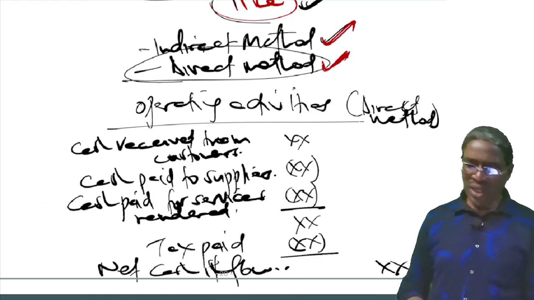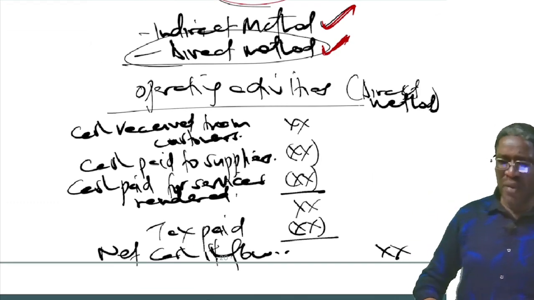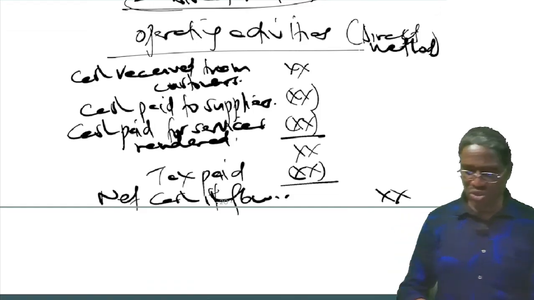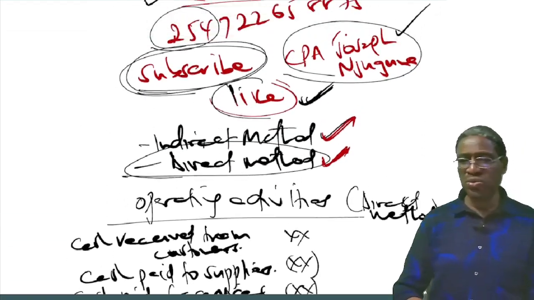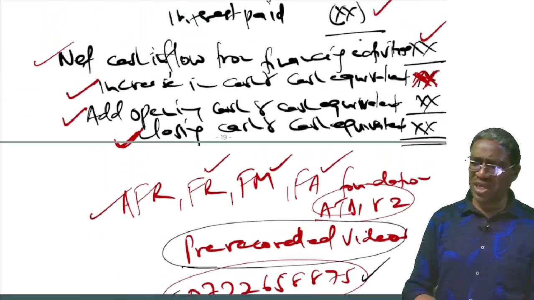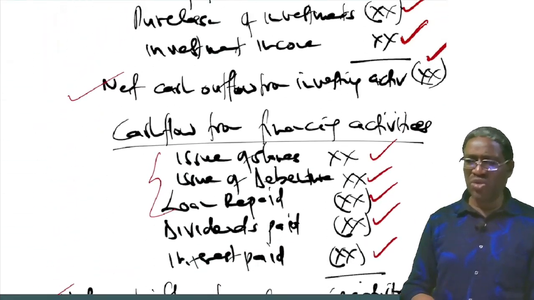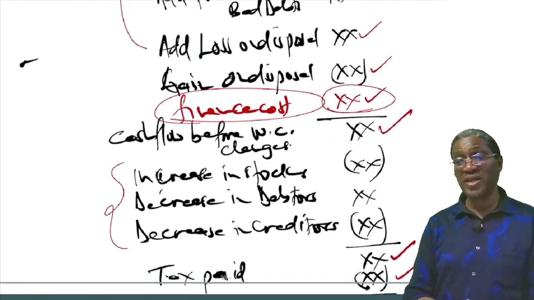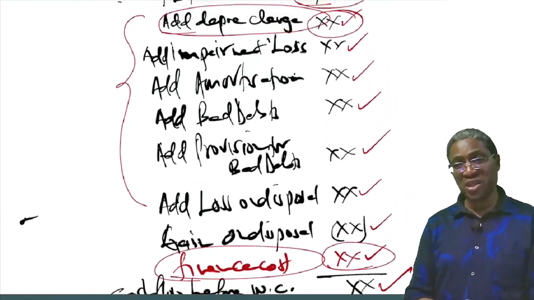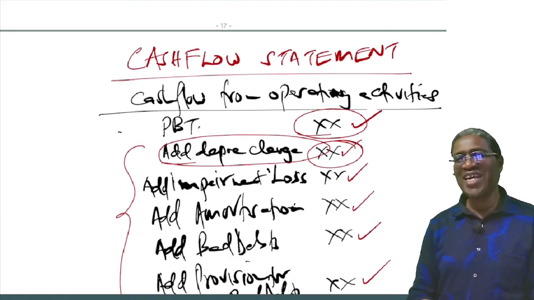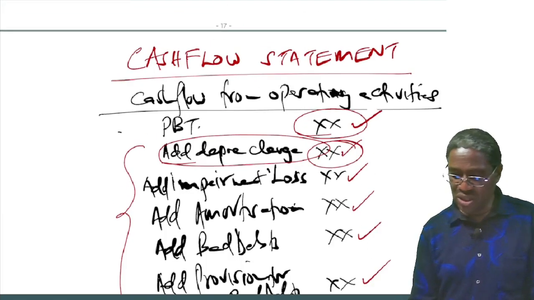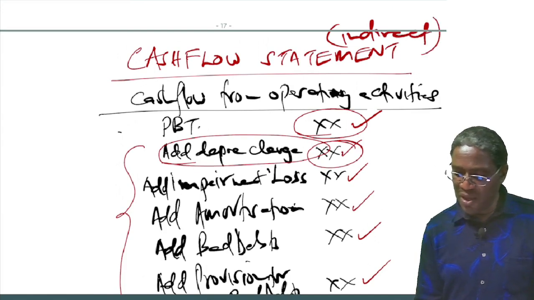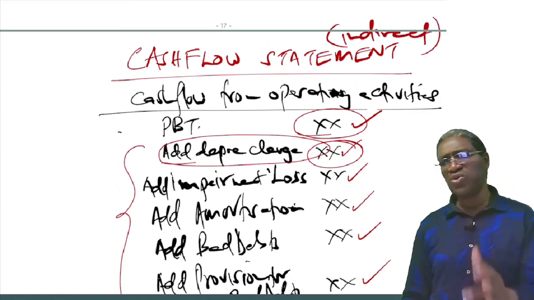Before I introduce that, I must have told you that the method we have just illustrated, of presenting cash flow from operating activities, is what we were calling the indirect method. It is the most commonly used method.